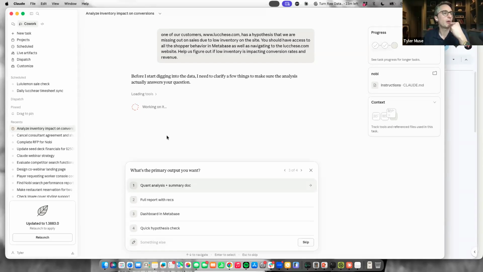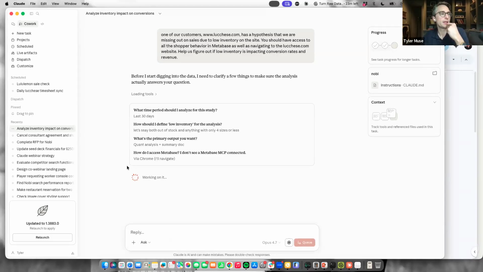What's the primary output you want? I want a quantitative analysis and a summary doc. How do I access? Via Chrome, you'll navigate, and I will also share specific URLs. So I'm going to give it access to Chrome here.